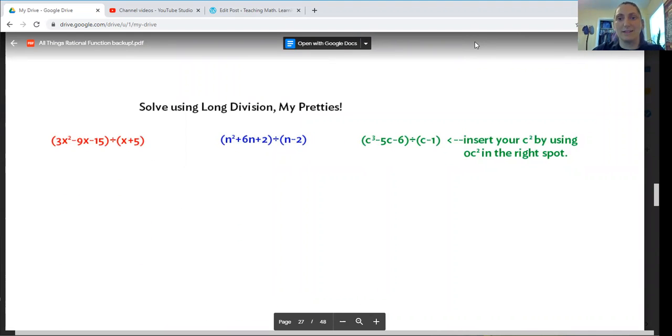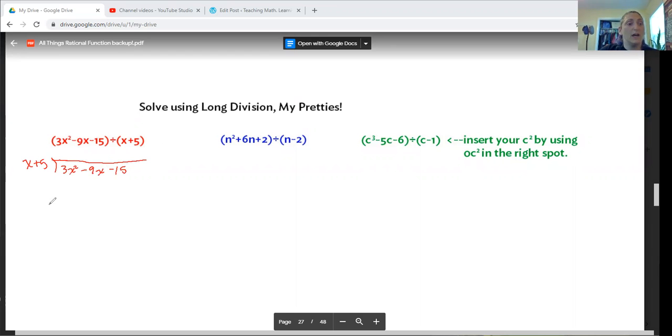All right, let's practice. Let's do the red one first. So we've got x plus 5 going into 3x squared minus 9x minus 15.